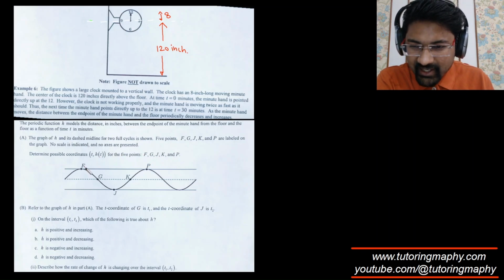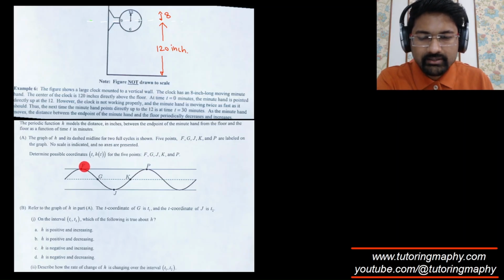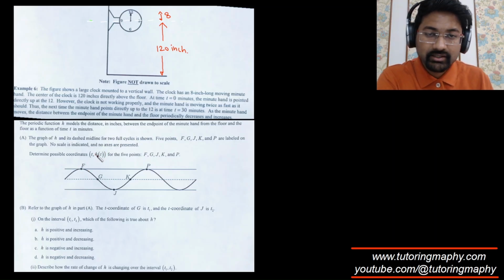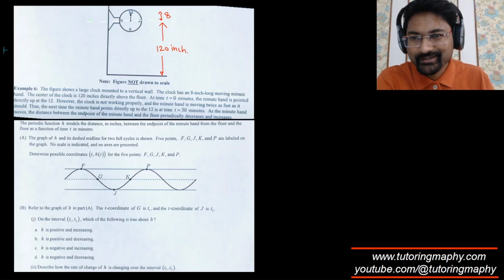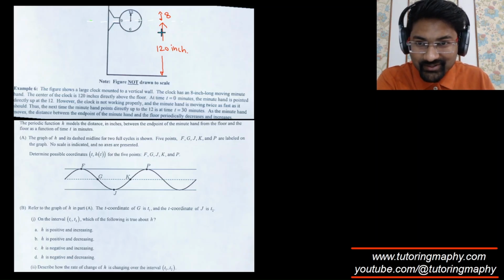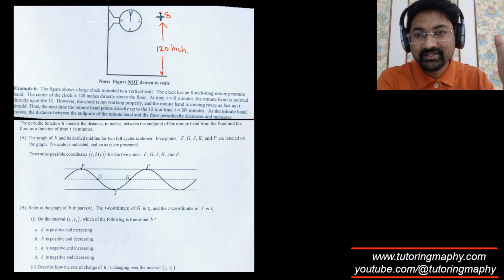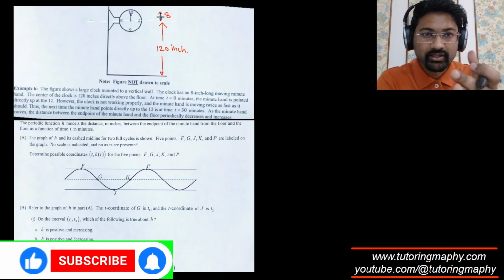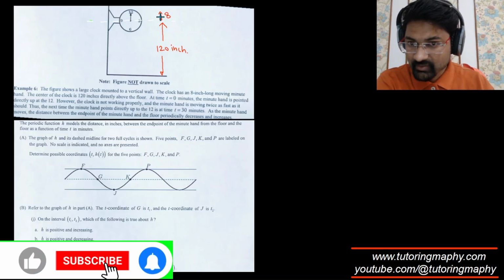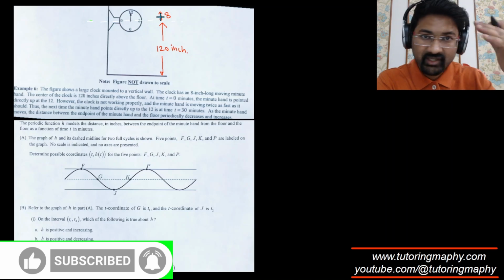So obviously f is the highest point, right? And when is the height highest? Because this is nothing but the highest point, as we can clearly see. And the highest point means the highest height. So the highest height is definitely 120 plus 8, which is exactly as it is shown right now, because that is the maximum height from the floor.